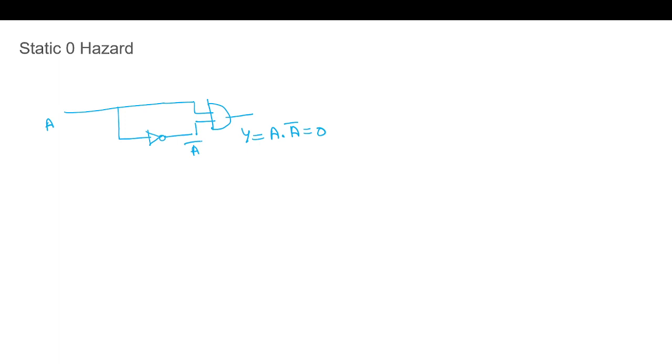In the static 0 hazard, the output should remain at 0 according to the Boolean logic, but a glitch occurs and it goes momentarily to 1, under certain input conditions.